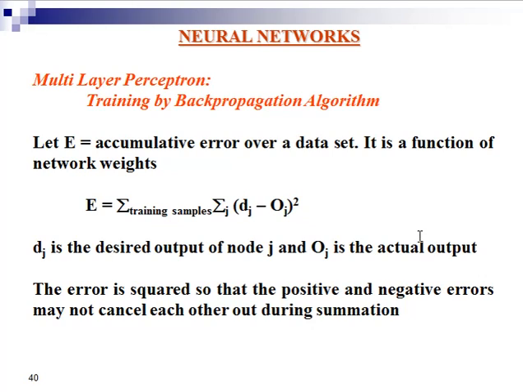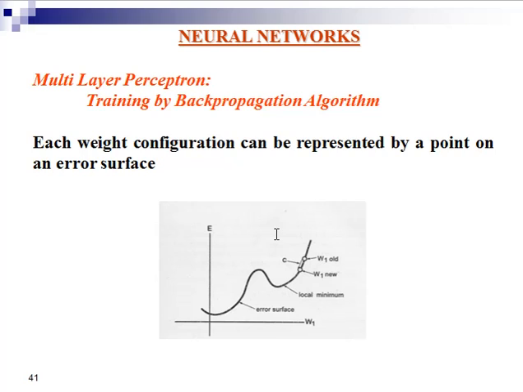Why we are doing this square is that we can have some positive values or maybe some negative values when we are having this difference. If we have some positives and negatives, the chance is that they may cancel out each other. So in order to avoid that, we are doing the square here so that all negative values can be converted to positive values.